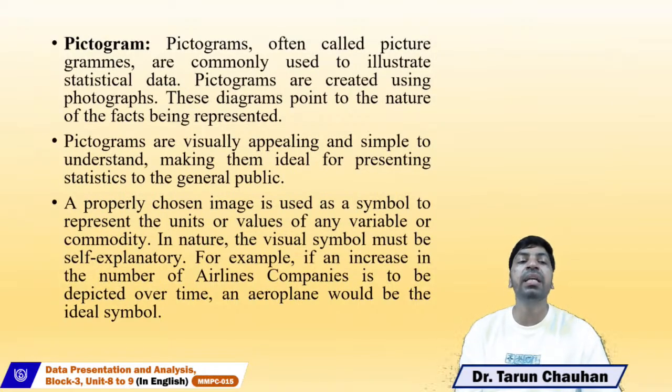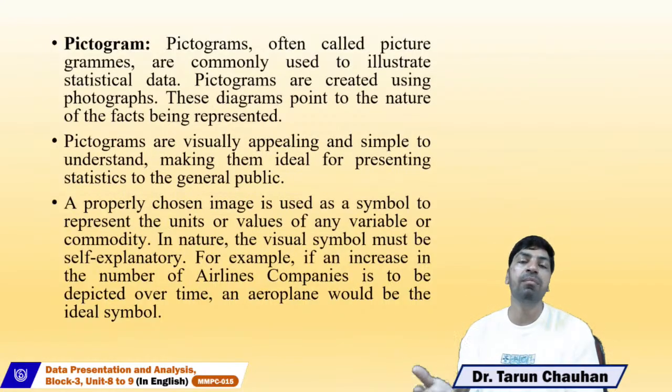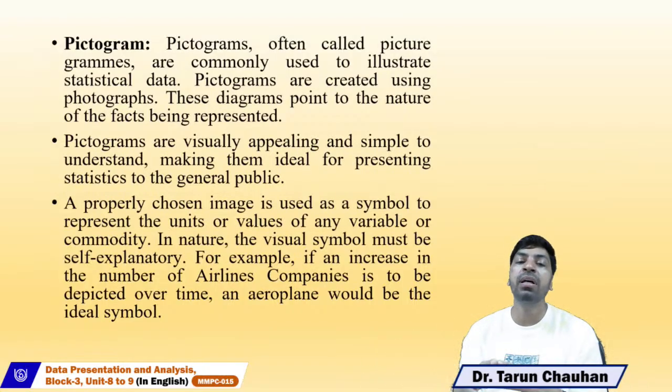For example, if an increase in the number of airline companies is to be depicted over time, then an airplane would be the ideal symbol. Through the airplane, you can show the figures in the image, the declining or increasing part of the airline companies, shown in percentage in a particular image.